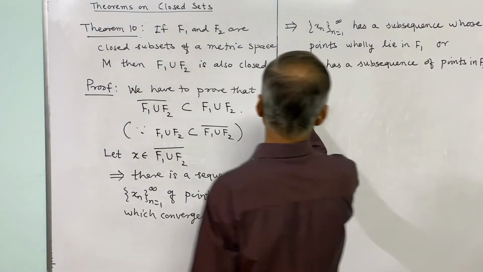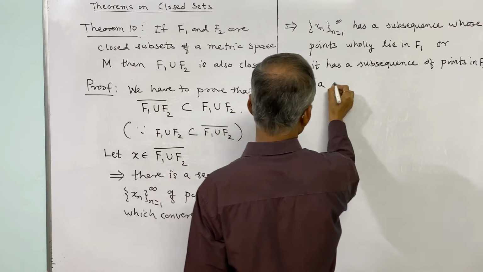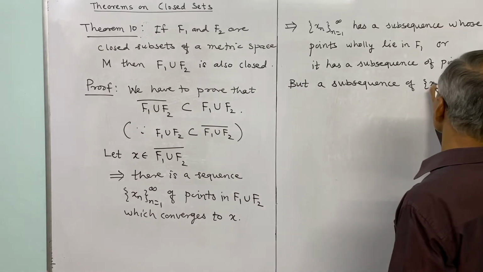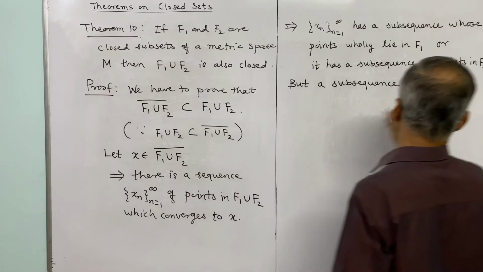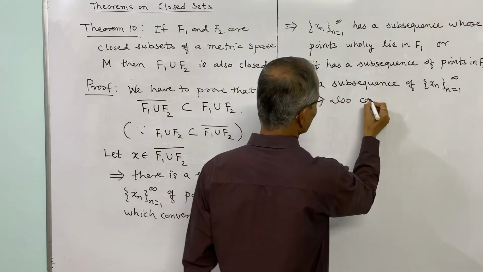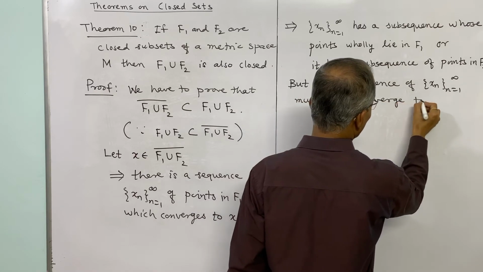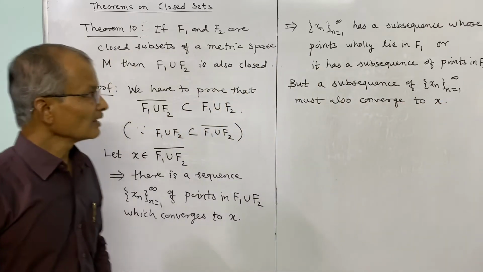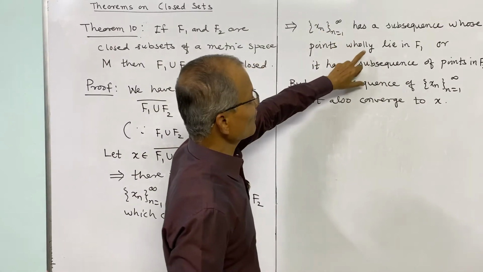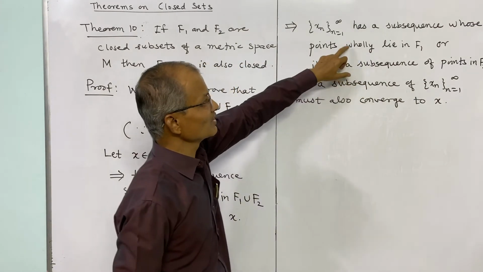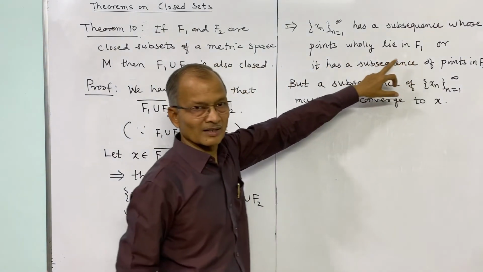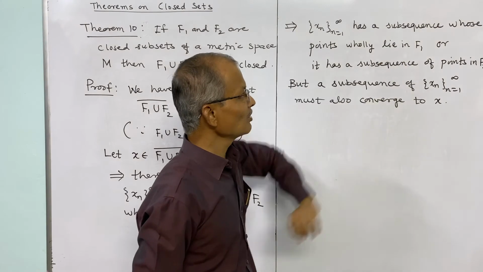So, a subsequence of Xn must also converge to X, and therefore that point X must be a point of the closure of F1, or X is a limit point of this subsequence, and that limit point must be a limit point of F1, and that means X belongs to F1 bar.